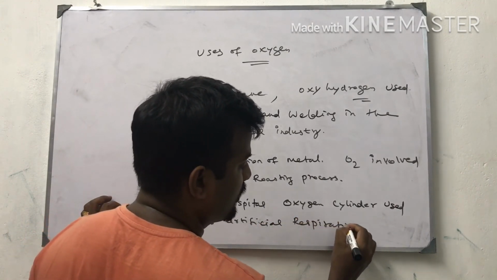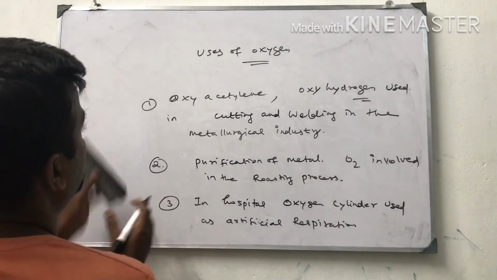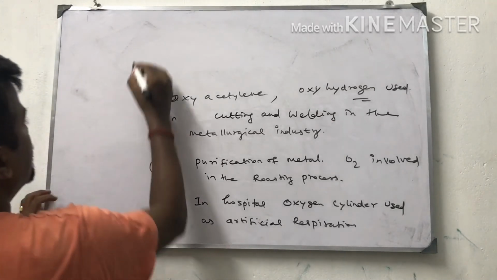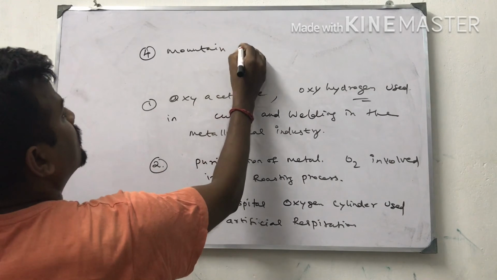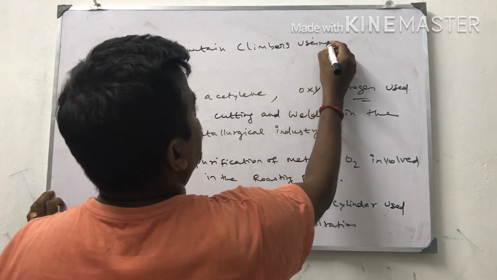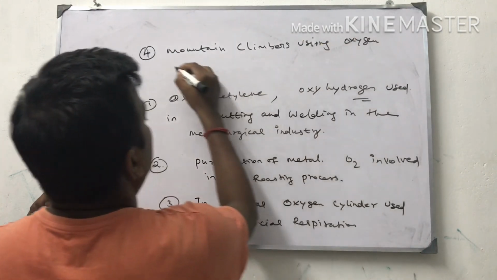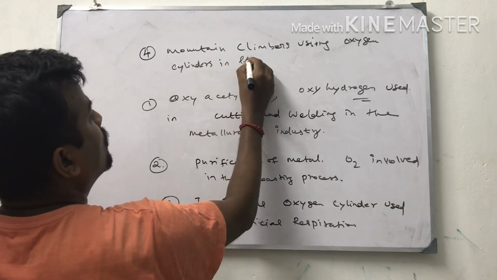Fourth point: high mountaineers, mountain climbers, use oxygen cylinders at high altitudes.